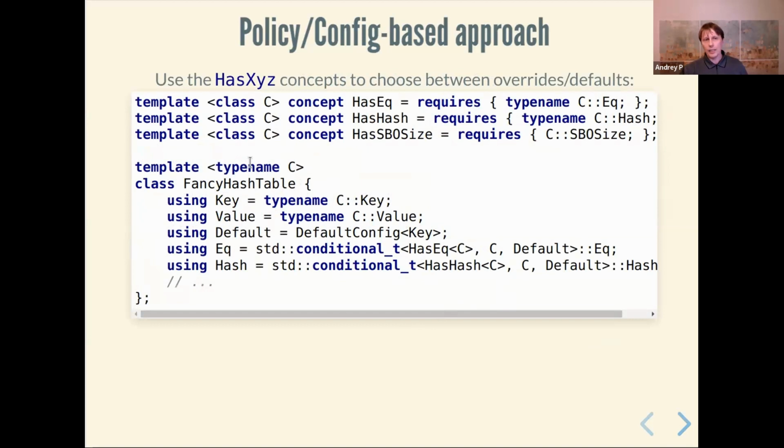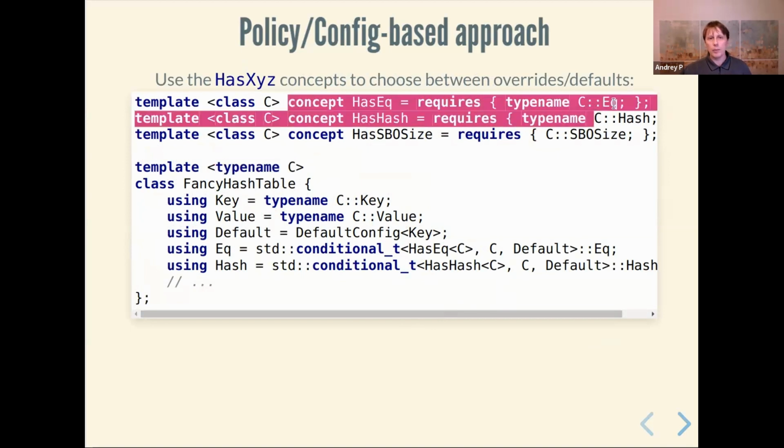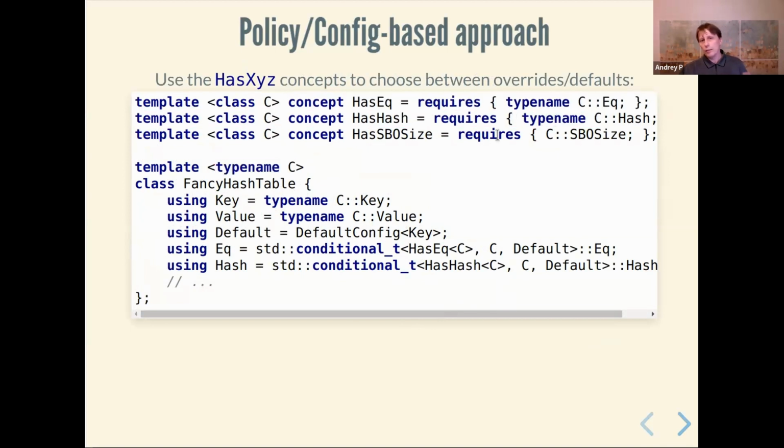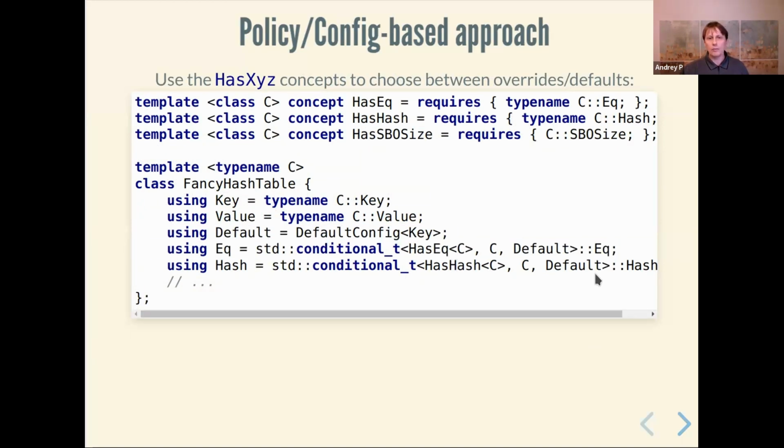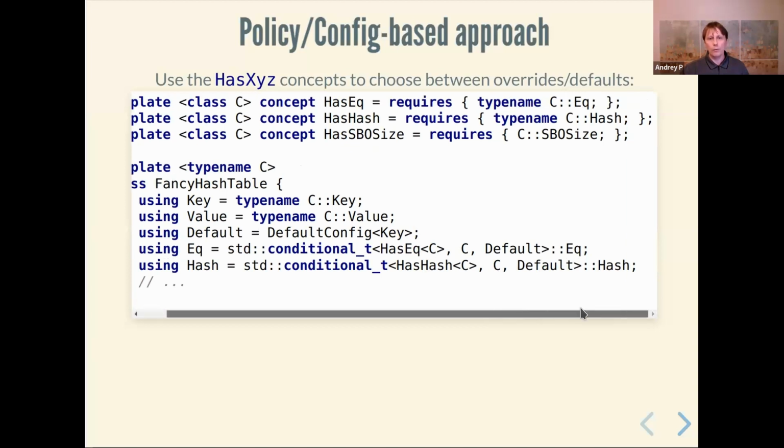Because in this case, your parameter is just a new struct which defines some of these parameters for your template. We use a bit of C++20 concepts to figure out what you have specified, so we can choose a default. So we instantiate a default here, and then we use conditional_t to say either use the hash from the default or from the provided config class.